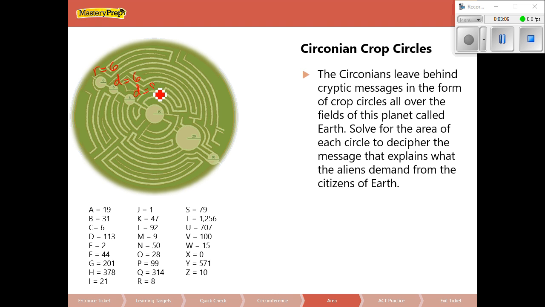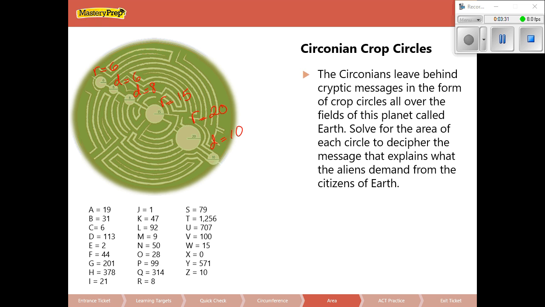The third one has a diameter of 8. The middle one has a radius of 15. The next one has a radius of 20. And the last one has a diameter of 10. So what we need to do is find the area of each one of these here to decode the message.